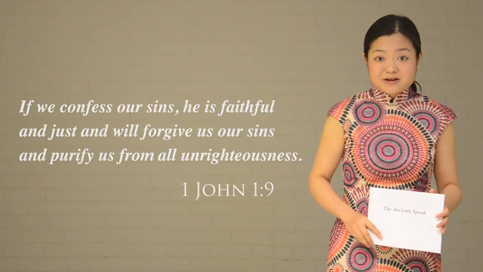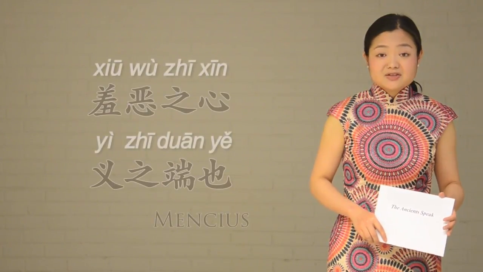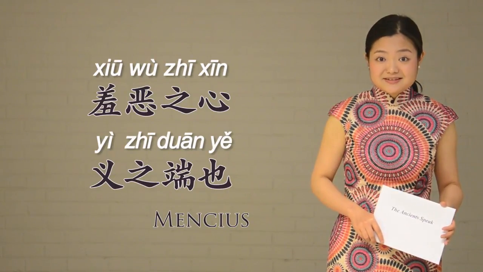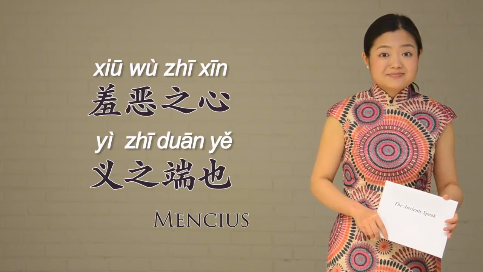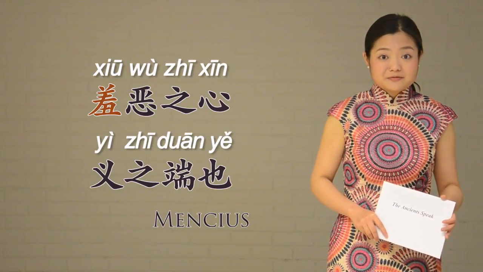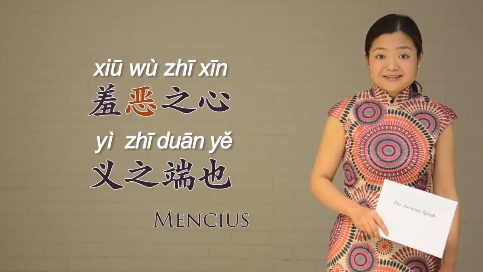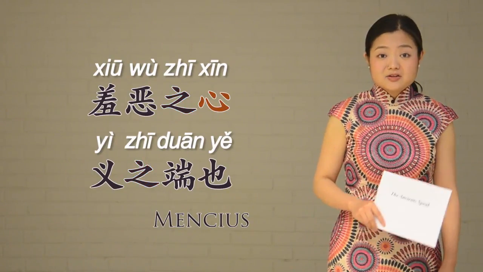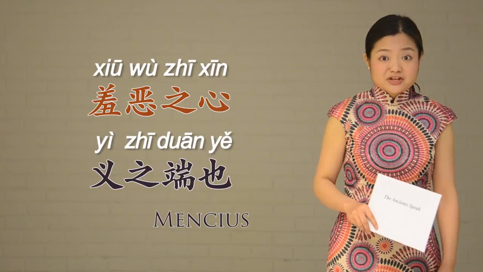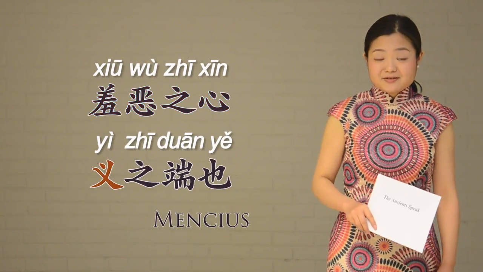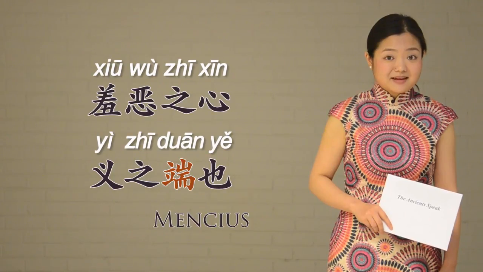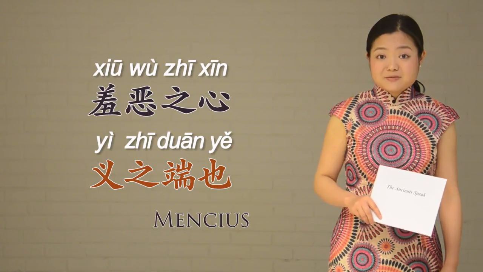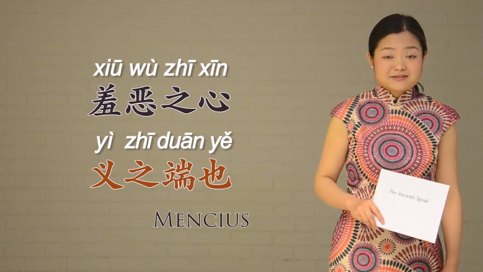Let us again remember what teacher Mencius said, 羞恶之心，义之端也。羞, to feel ashamed of. 恶, to hate the evil, wickedness. 之 is an auxiliary word meaning of. 心, heart. 羞恶之心, a sense of shame. 义, righteousness or justice. 端, the beginning. 也 is an auxiliary word. 义之端也, the beginning of being just and righteous.